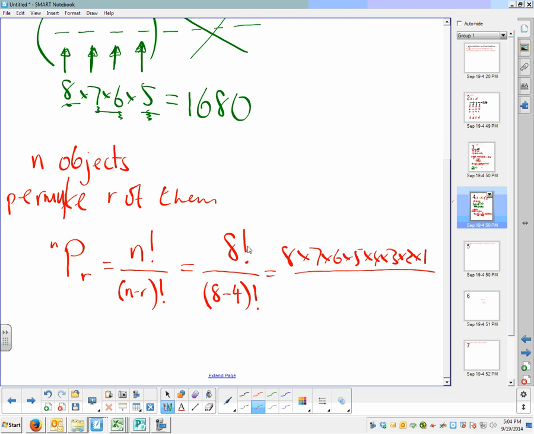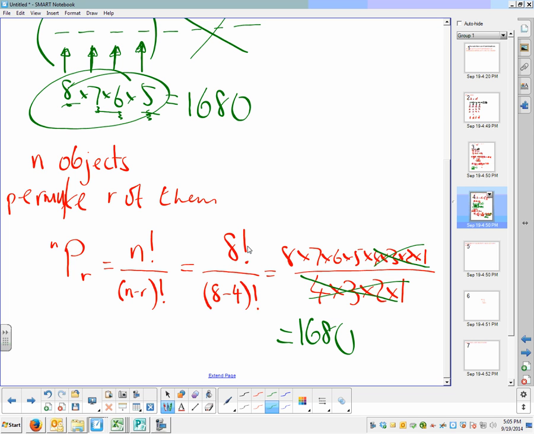Well, that's just 4 factorial, because 8 minus 4 is 4, so that's 4 times 3 times 2 times 1. And you'll see that these all cancel. And we're left with 1,680, the same number we had here. 8 times 7 times 6 times 5.